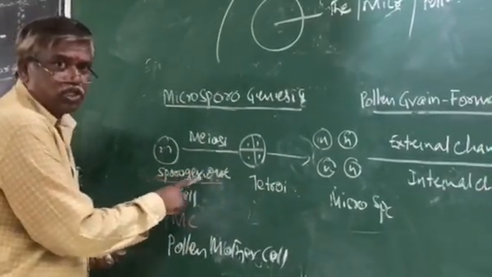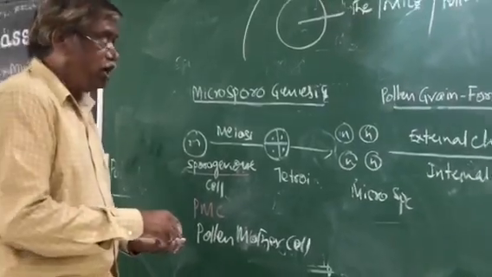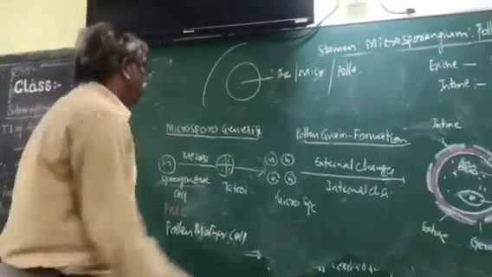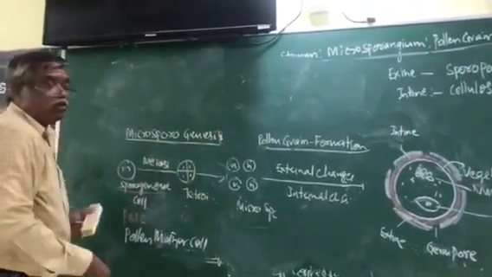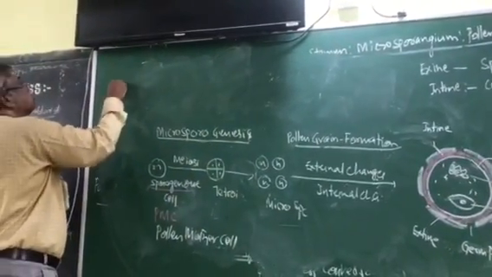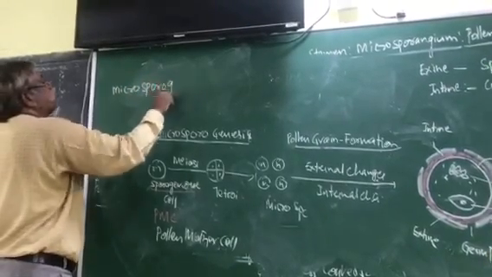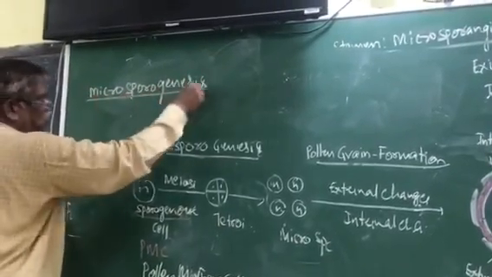Instead of sporogenous cells, I can say pollen mother cell. Now I am writing the definition of microsporogenesis. Note it down.